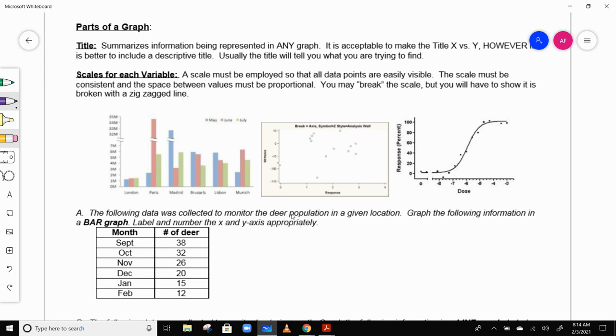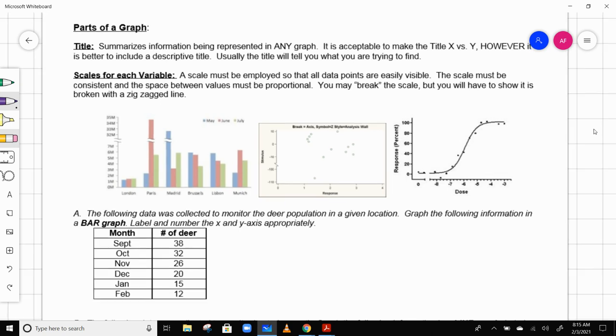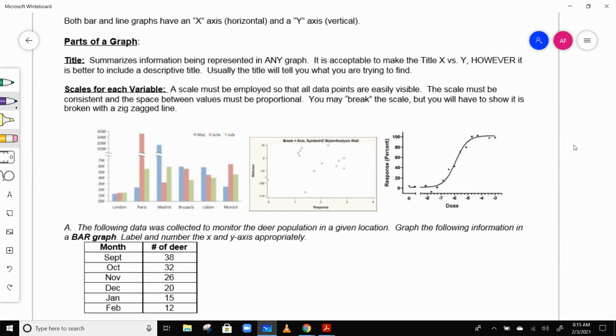And not number of deer per month, or number of deer versus month, or month versus number of deer, X versus Y. I usually like to include a title that tells us something new, tells us something different. Tells us what we're trying to find. But again, it's acceptable to say X versus Y.